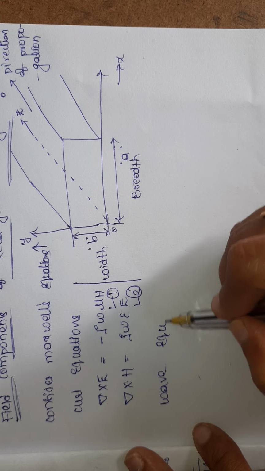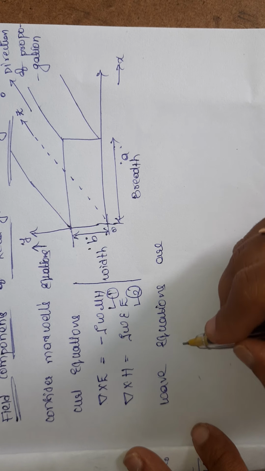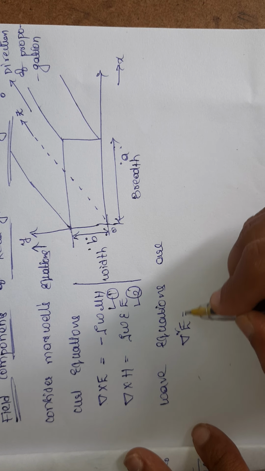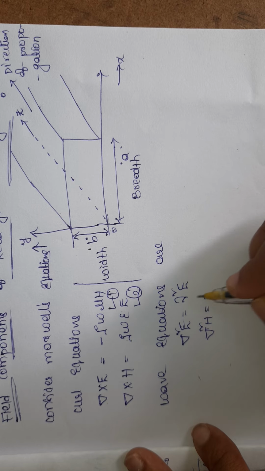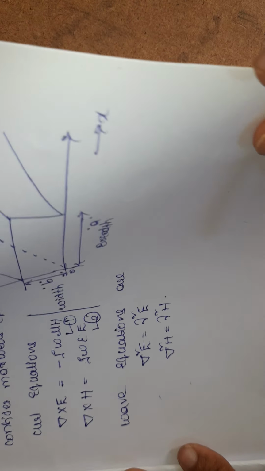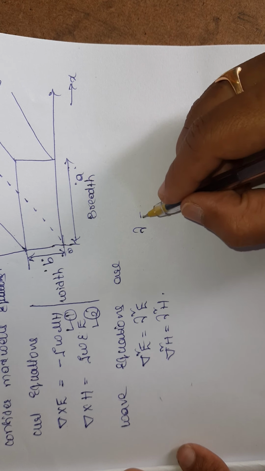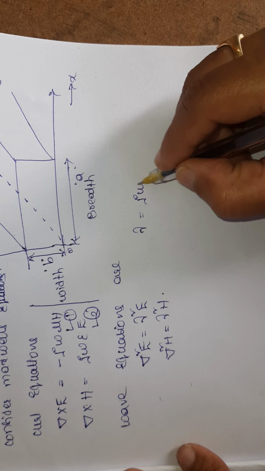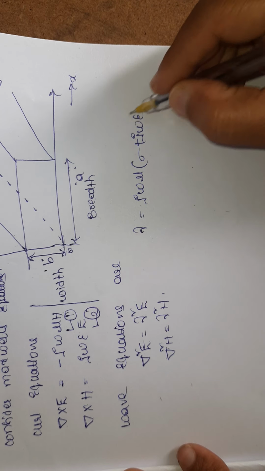Wave equations are del square E equals gamma square E, and del square H equals gamma square H. And we know that gamma for a uniform plane wave is equal to the square root of j omega mu into sigma plus j omega epsilon.